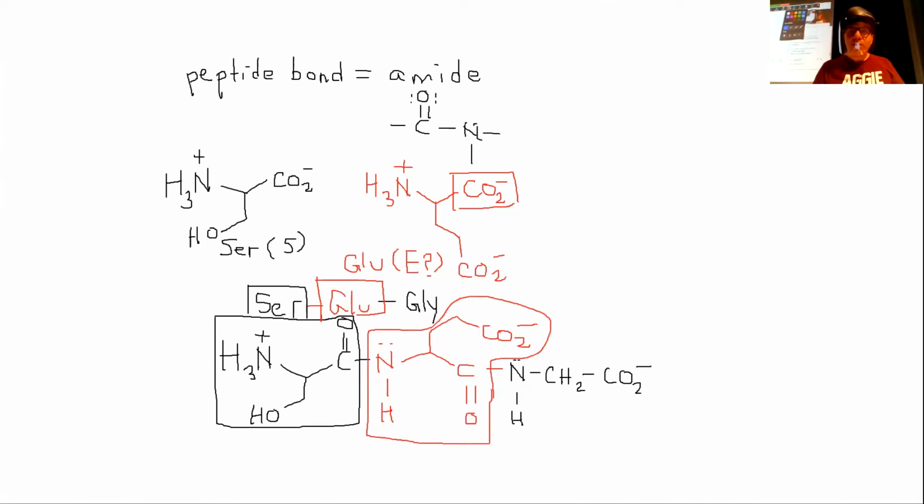And then this part will even get a new color. This part over here, the part that corresponds to glycine, is all the rest of it, all of this stuff. But I think you can see there's a repeating pattern, and you're always going to get an amide functional group in between any two amino acid residues.